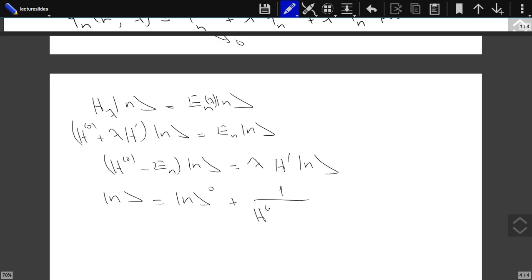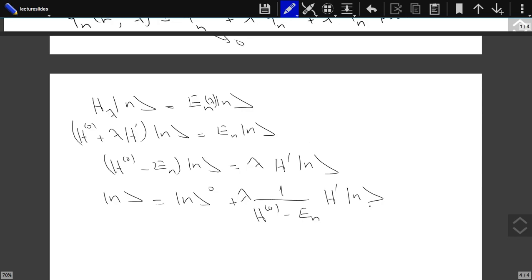1 over (H0 minus E_n) times, let's say, λH'|n⟩. Now that operator over here, 1 over the operator, is just the inverse of our operator. So what you can do is you can just try an iterative solution. So |n⟩ should satisfy this equation. You can just take this expression and use it over here.